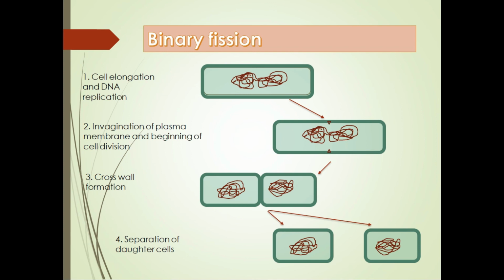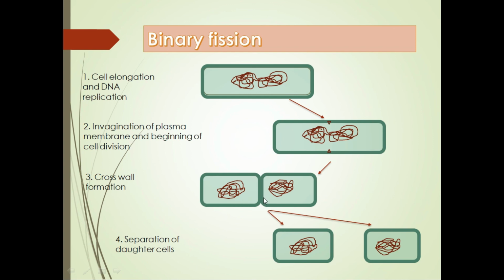So in a cell which is undergoing binary fission, we see replication of the chromosomal DNA and also plasmid DNA. Then in the next step we see the invagination of the plasma membrane. The plasma membrane invaginates and the cell division begins. The cross wall is formed from the point where invagination occurred. So this cross wall or septum is formed.